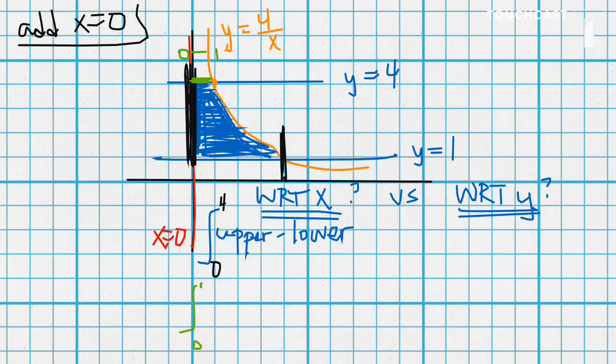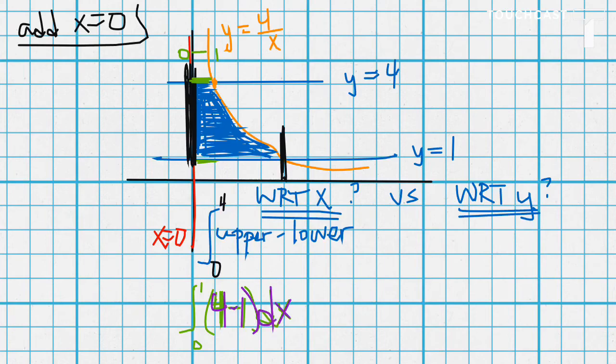From 0 to 1, I'm really going to be doing the equation 4 minus the lower equation, which is 1, with respect to x. And then, this is in fact a 4. Probably not the best choice of color there, Torres. So we'll do it in purple.